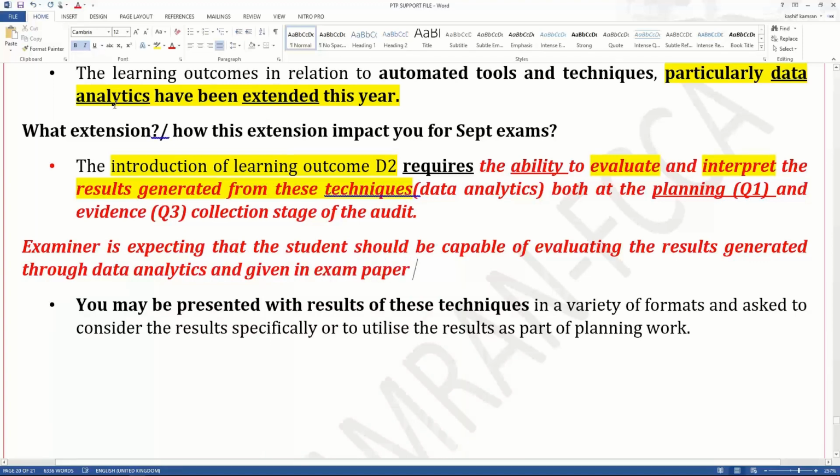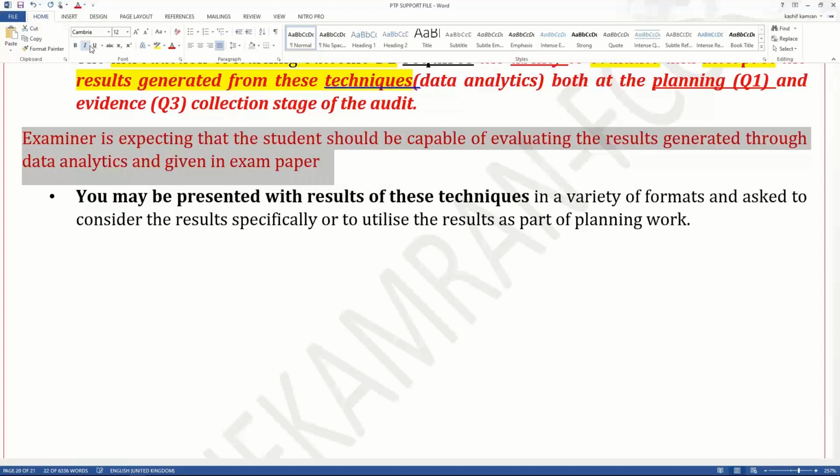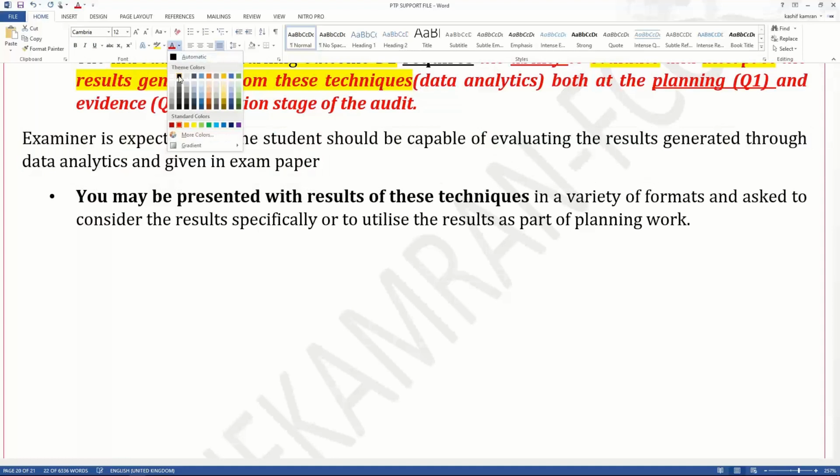Right? That's what your examiner expects from you. Obviously you cannot generate the results in the exam paper, because you are not an expert in data analytics, but the results will be given to you and the examiner expects you to just analyze those results.